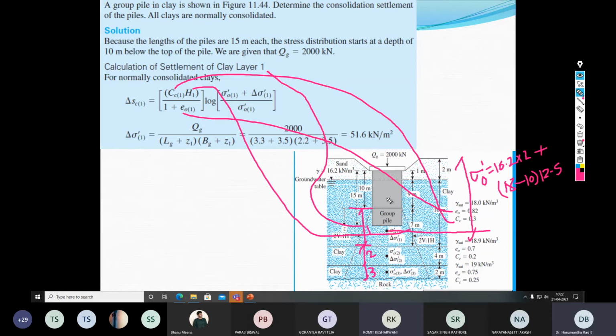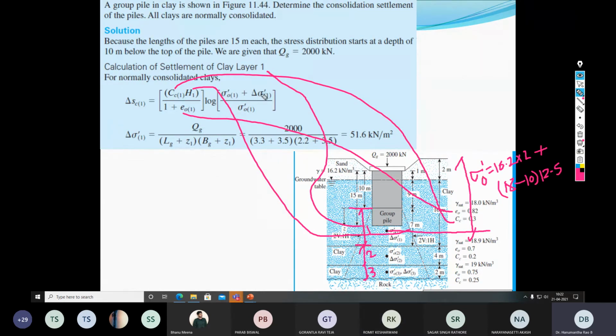That's what I'm saying. Sigma naught means initial effective overburden pressure before the construction of the pile foundation.